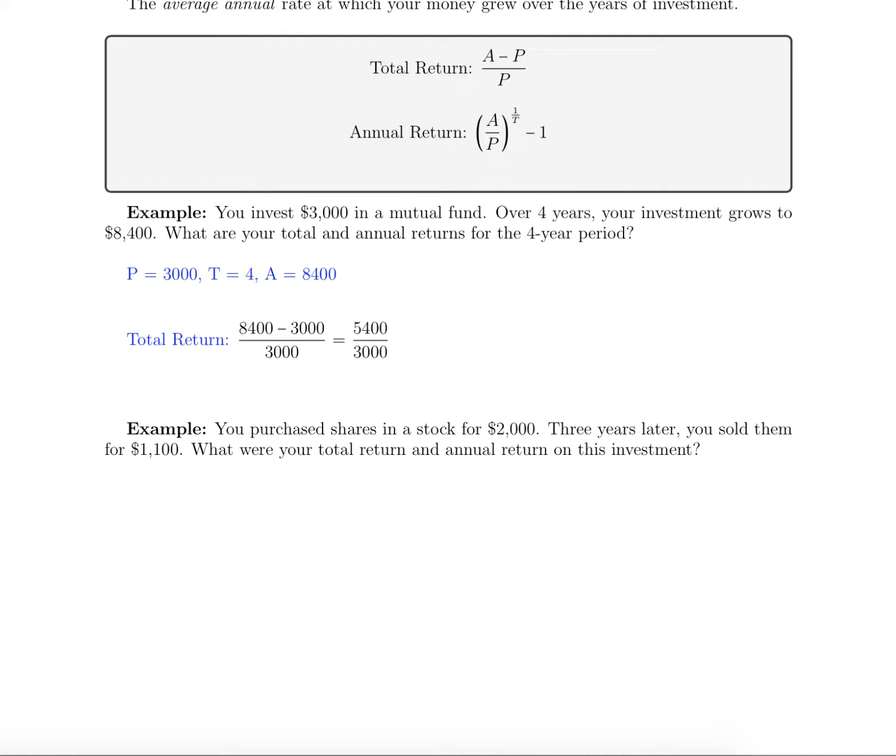And then once you put that into your calculator, you should get 1.8. And we don't usually leave it as 1.8. We generally write it as a percentage because of the definition of total return, so 180% total growth of our investment. So that would be your solution. Total return, 180%.